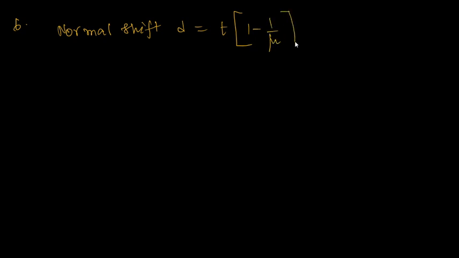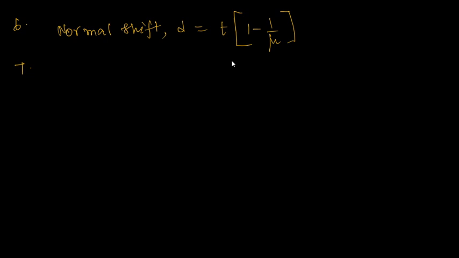So this is another important formula, and this is useful to find out the refractive index as well as the normal shift, that is d. Shift is the shift in the distance or the depth, we can say. So that is d.